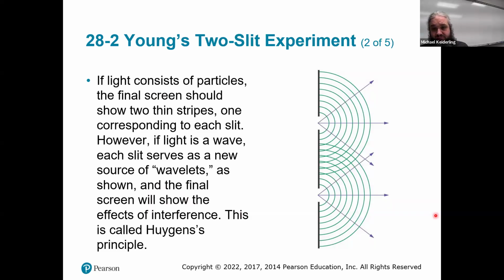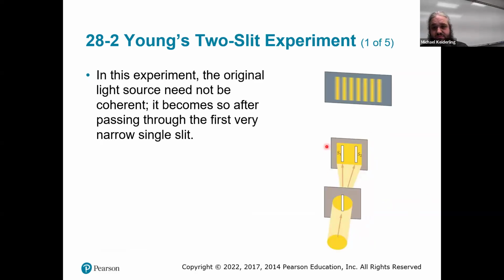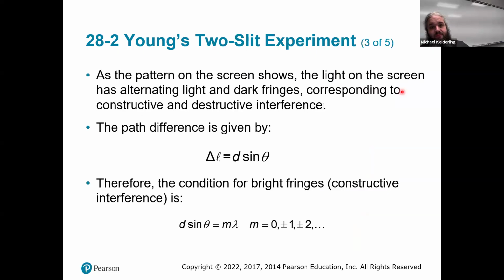And if you do this with light, you'll get an interference pattern like this, with a bright strip in the middle, then dim, then bright, then dim, then bright, then dim. As the pattern on the screen shows, the light on the screen is alternating light and dark fringes corresponding to constructive and destructive interference.